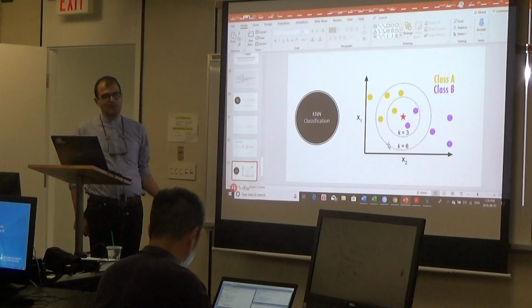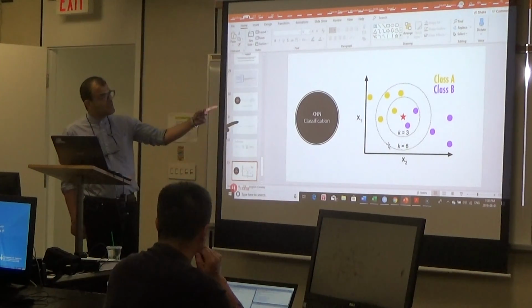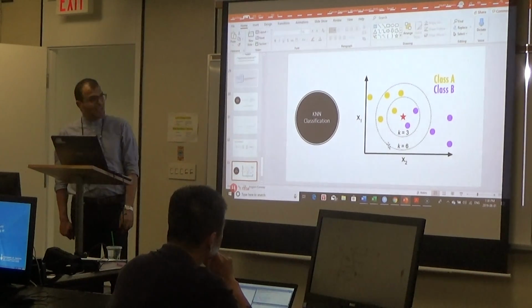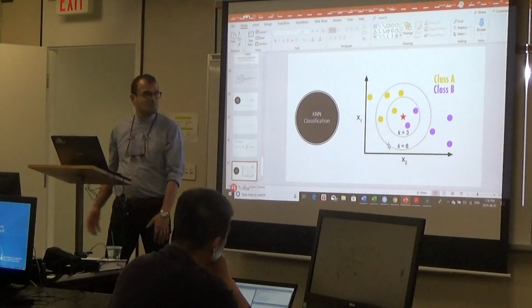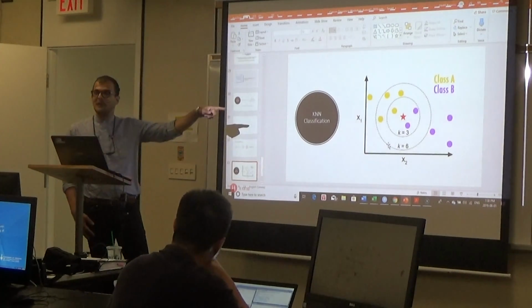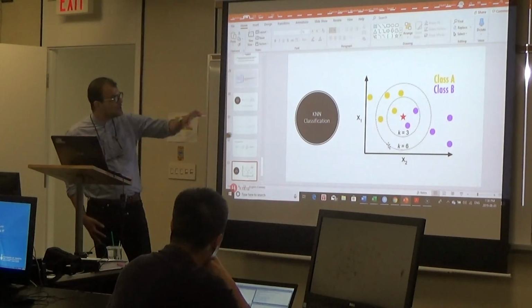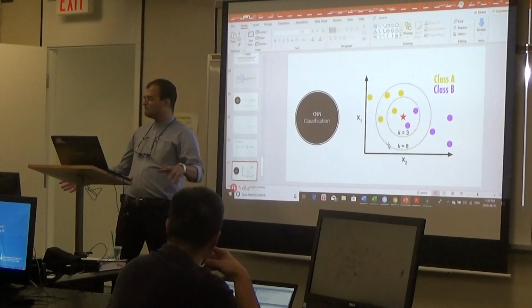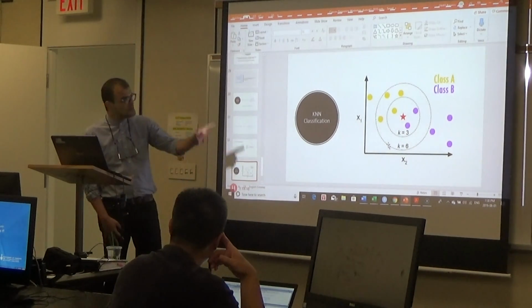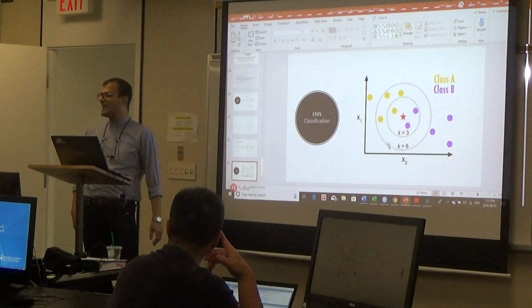It means that, for example, look at the graph over there. Look at the star. That's the thing which you have no idea what it is. You have two different samples. You have the purplish circles and you have the yellow ones. And the star in the middle, you have no idea if this is purple or yellow.